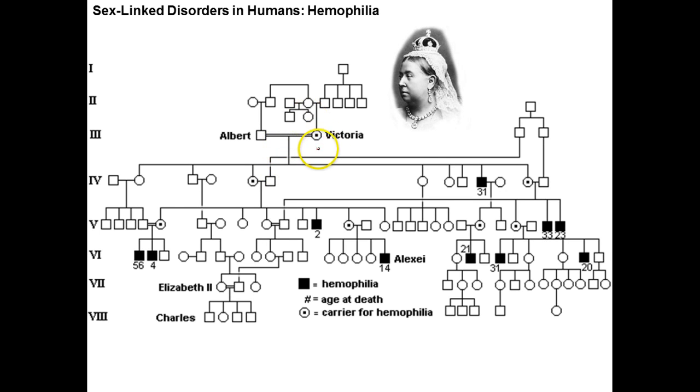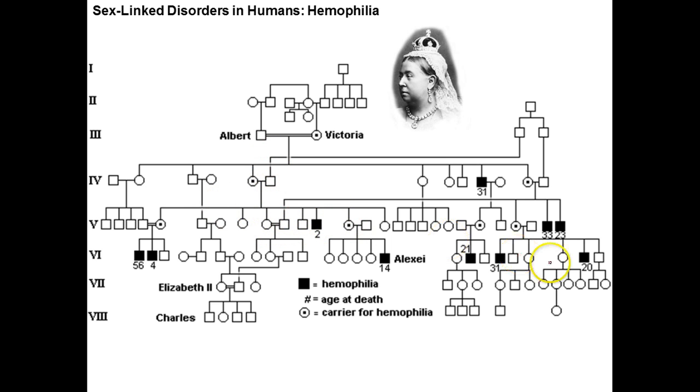So hemophilia is sex-linked. It's on the X chromosome and it's recessive. So this daughter is a carrier because she gets it from her mom. And notice the son gets that hemophilic gene, so he has hemophilia. Now, this couple, when they have children, one of their daughters marries a cousin.